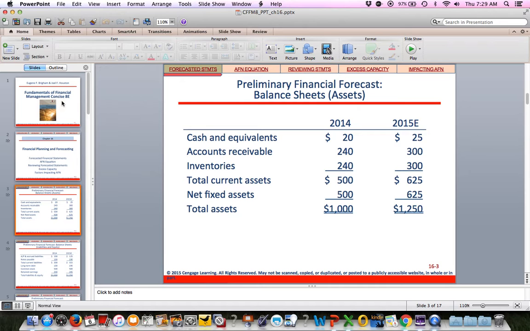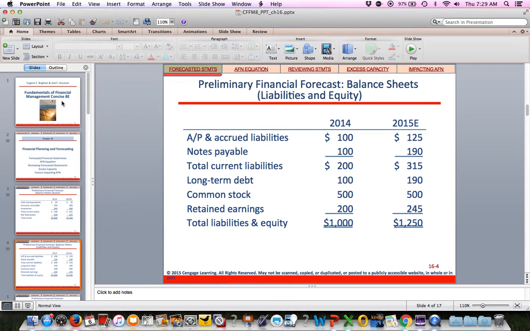And you can see we're projecting increases in cash, receivables, inventory, and fixed assets are all going to go up. And then of course we look at the liability and equity side. Liabilities will go up, both accrued liabilities and AP. Notes payable will go up. Long-term debt will go up. Common stock stays the same, so we did not issue additional stock, and retained earnings will also go up.